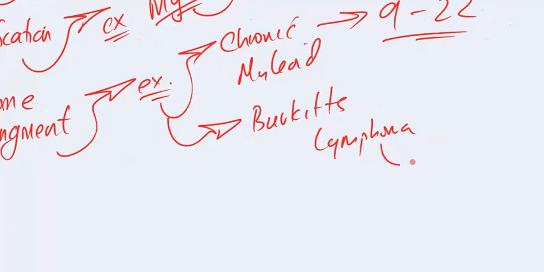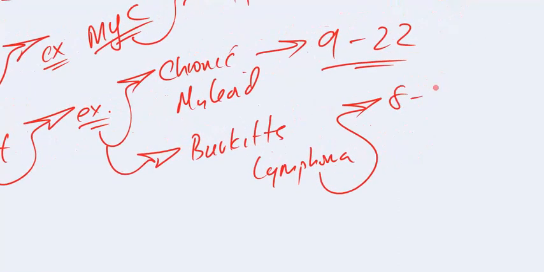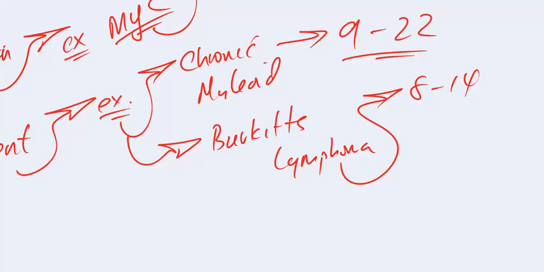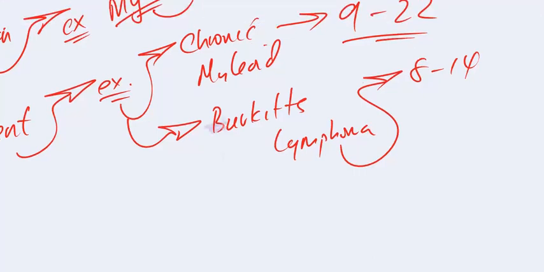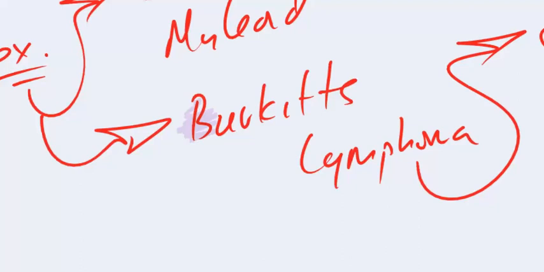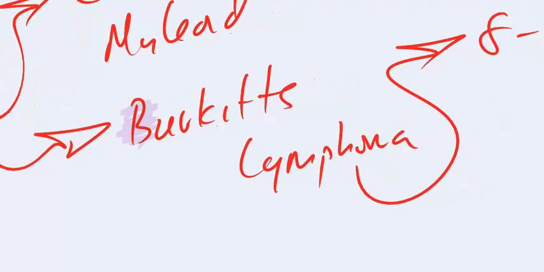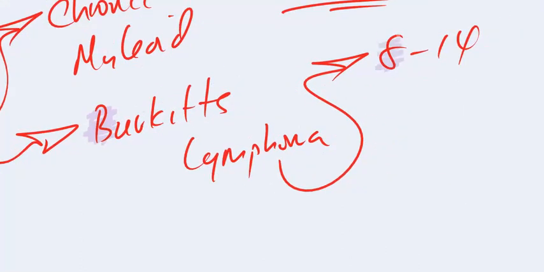I kind of have a crazy way of remembering this. I don't know if you guys want me to share this with you. Sure. Yes. Okay, so the B looks like an 8, right? So that can help you with the 8. And then the lymph.